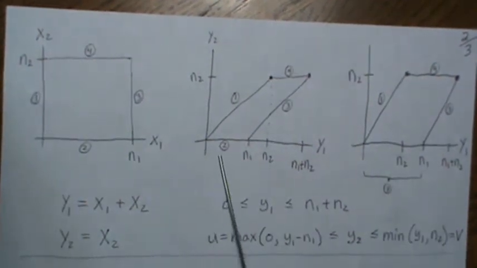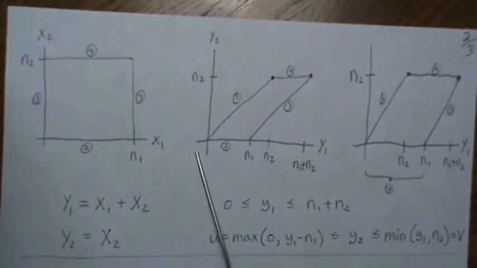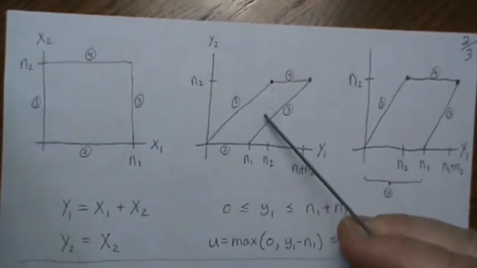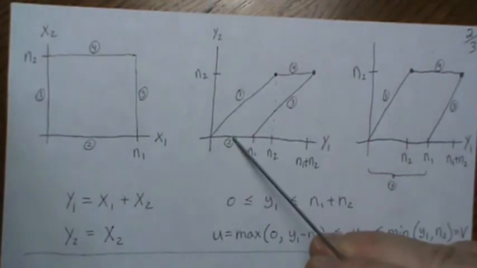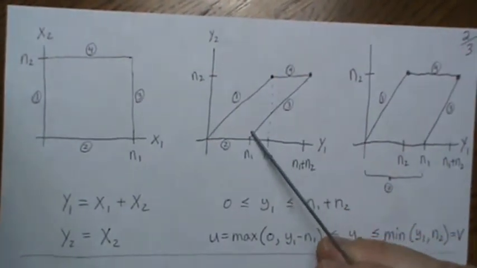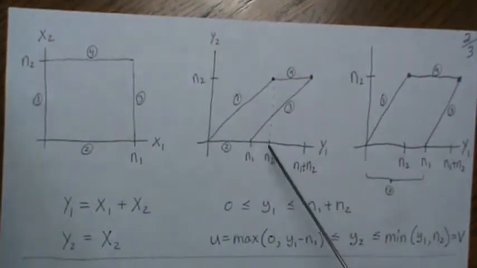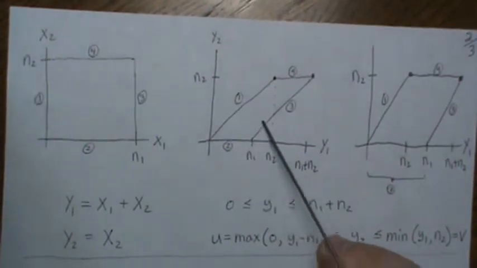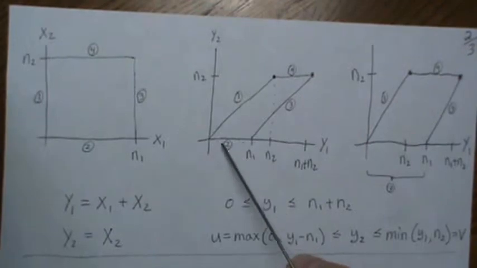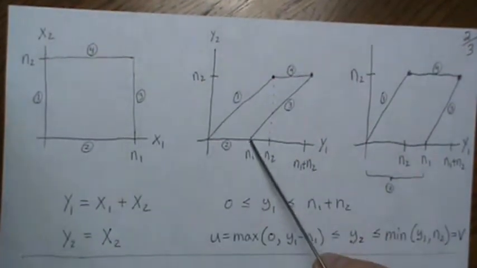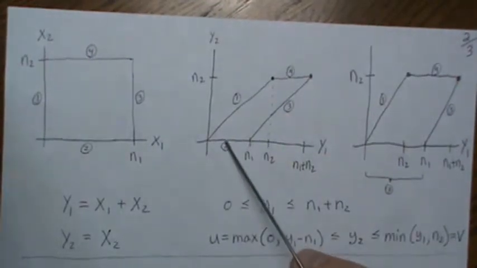And if we let Y1 be unrestricted, then Y2 has to be above these, right? So this line technically goes on forever, and this line goes on forever, so whatever the maximum is between these two. If it goes on forever, well, we want this one because it's bigger, and over here it goes down, but we want this one because it's bigger.